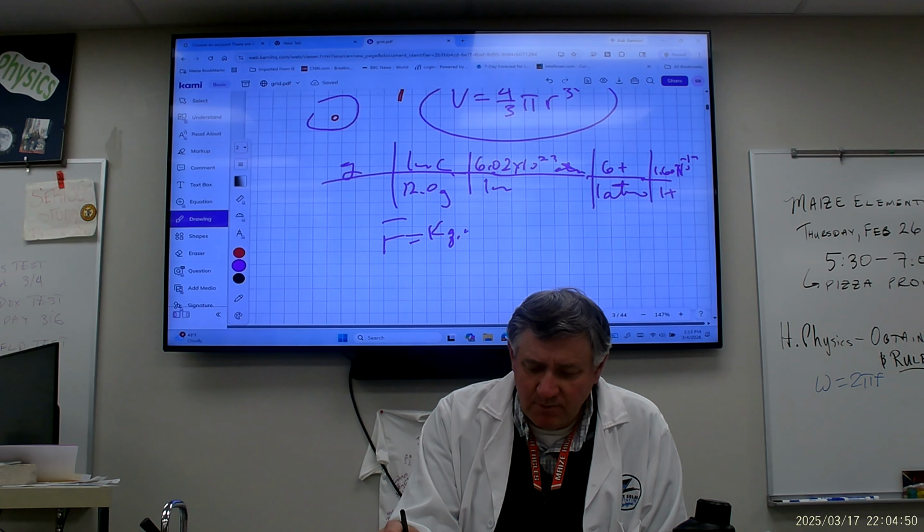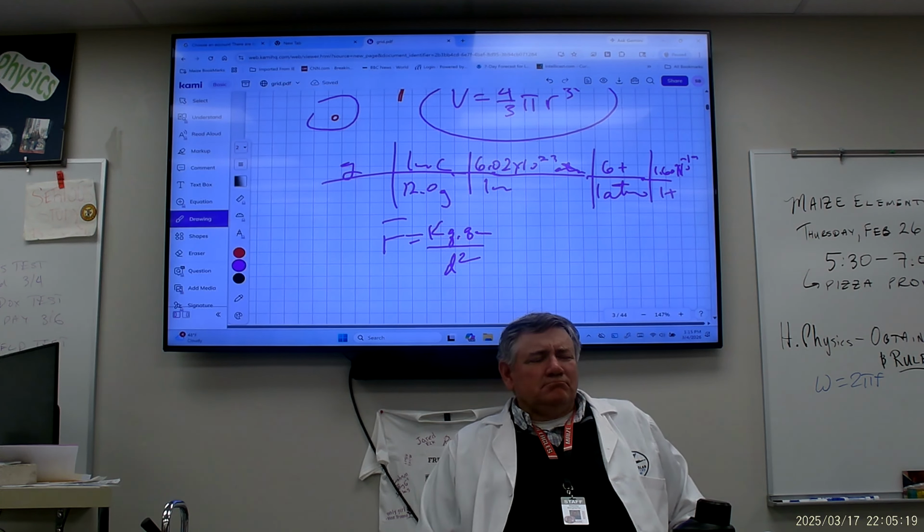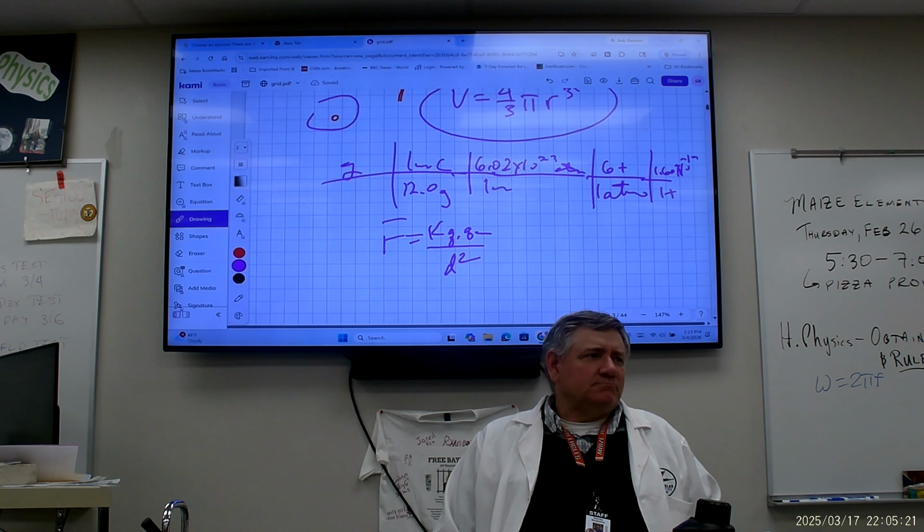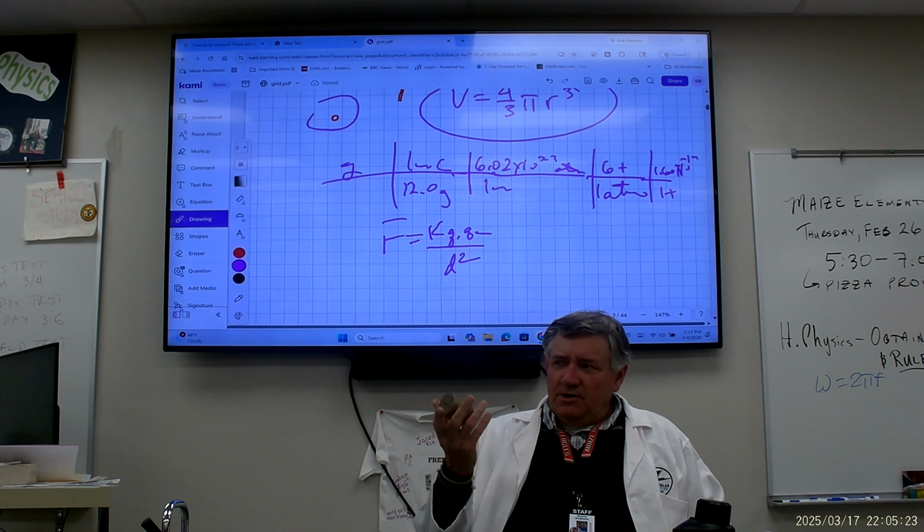A 1 kilogram mass weighs about what? 10 newtons, we can round it up. You all know the feel of this. You've all lifted a 1 kilogram mass many times. It's about 2.2 pounds. Feels pretty heavy.